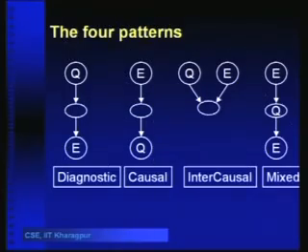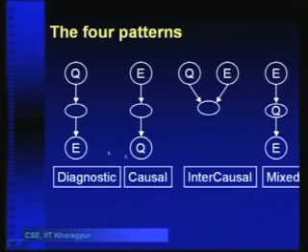So, if you are interested, you can download that and have a look at it, right. So, these are the 4 kinds of patterns that we have seen: diagnostic, causal, intercausal and mixed, right, where Q is the query and E is the evidence. E is what is given.